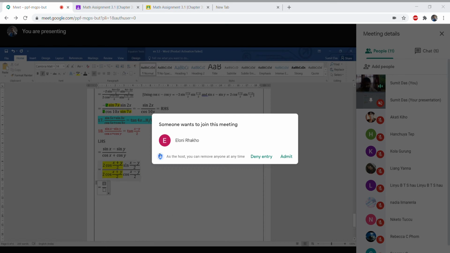The remaining part will be sin (x minus y) by 2 and cos (x plus y) by 2. You can see that sine of the same angle divided by cos of the same angle will be tan of (x minus y) divided by 2. That is equal to the right hand side. Fine.